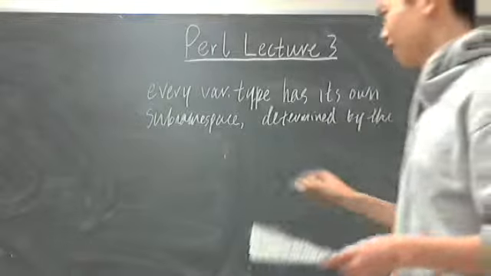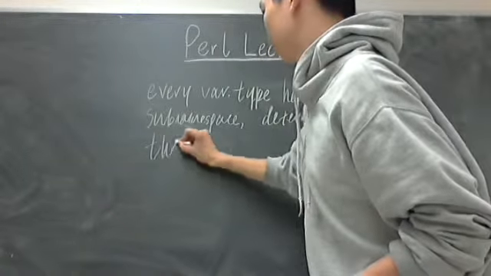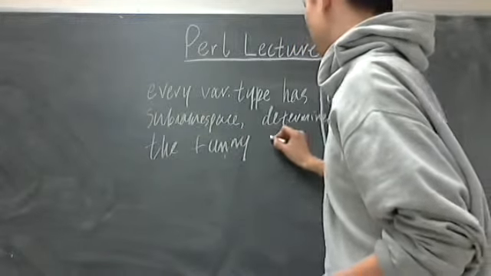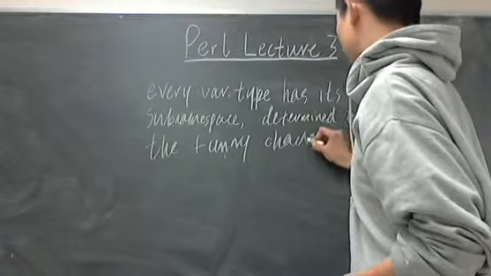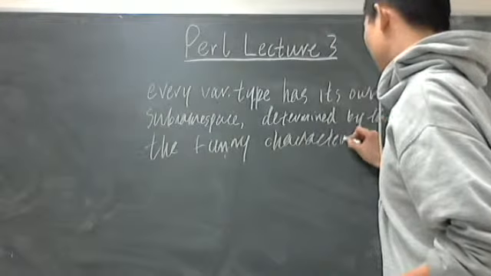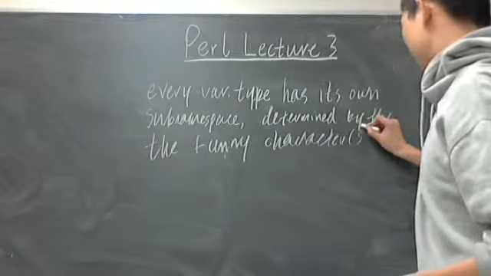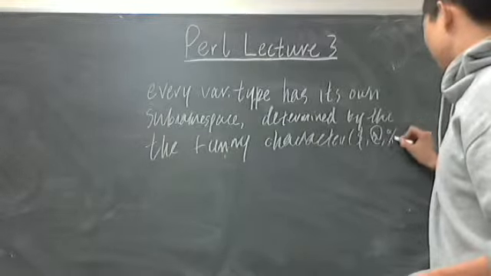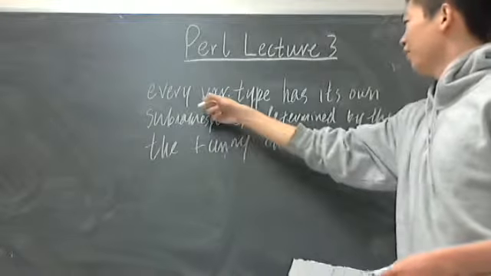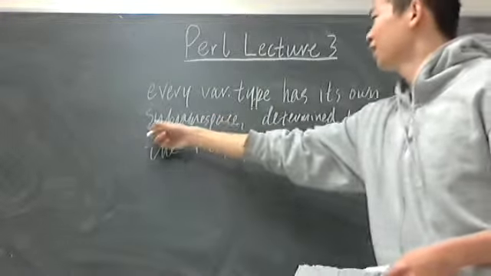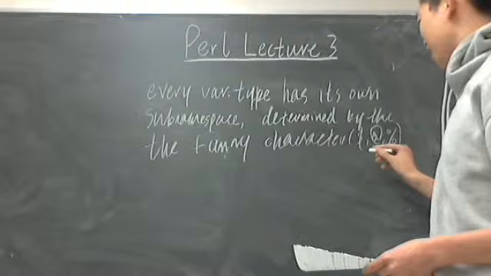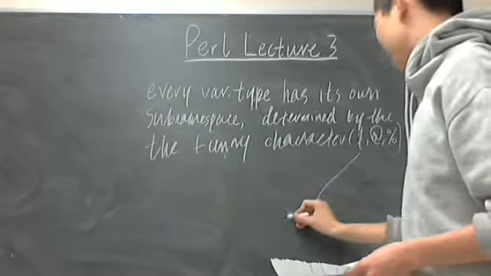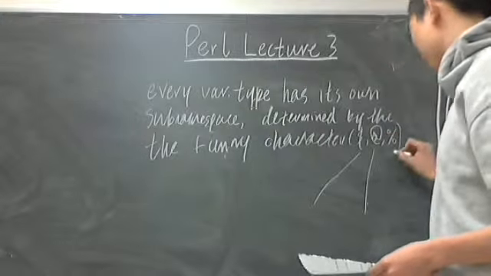Hope you guys see that. You know what these characters are: the dollar sign, the array sign, the percent sign. So every variable type has its own sub namespace. That means this goes in some particular namespace that's different from this one, and this one.